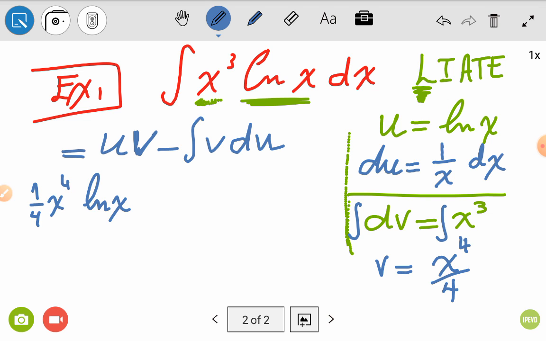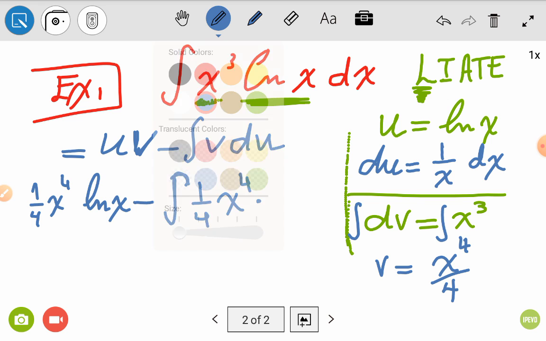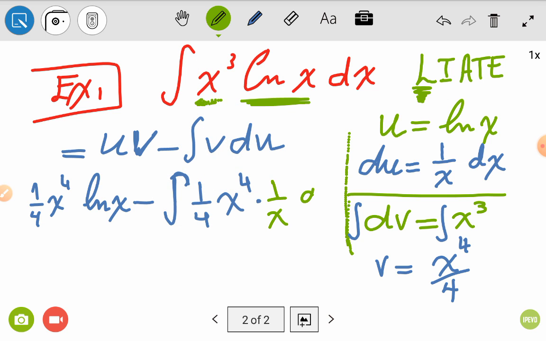So the v is 1 over 4 x to the power of 4, minus the integral of v, which is 1 over 4 x to the power of 4, and du again is 1 over x dx.